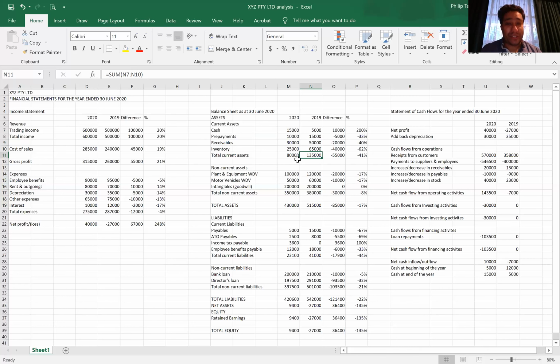So the current assets total has reduced, obviously because of the reduction in inventory and a reduction in receivables as the main types of reduction, which may be a good thing, may not necessarily be a good thing. So total current assets reduced by $55,000, or reduced by 41% in comparison to 2019.